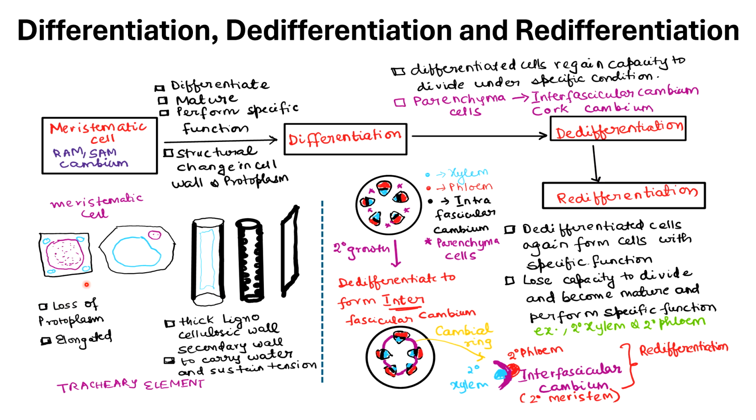Now we know tracheary elements are elongated cells required for water transport. So here this meristematic cell undergoes a series of changes. What are the changes? The prominent nucleus becomes less prominent, and finally it is not visible at all.